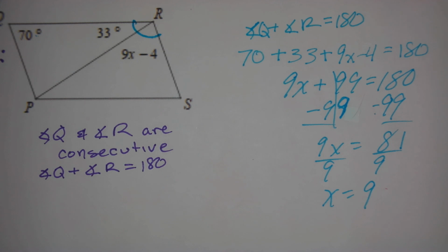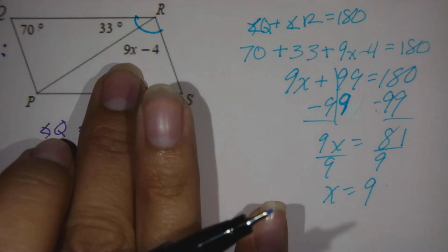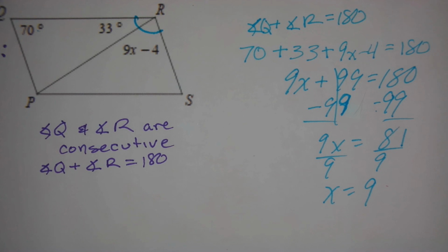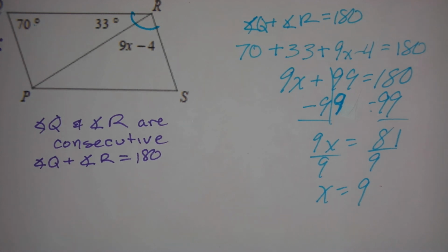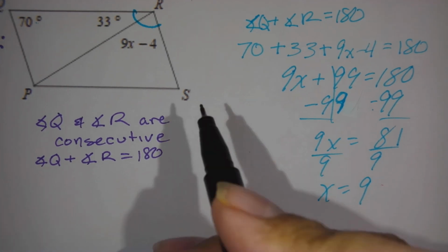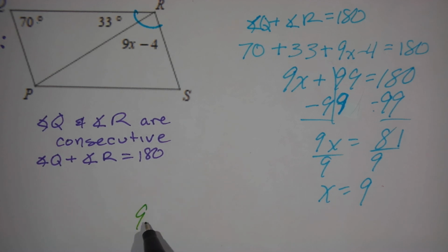Hopefully that makes sense. Now, there's a way to check it. You can always plug this in to find the measure of this angle. So, if I do that, we're going to substitute in. So, 9 times 9 minus 4.